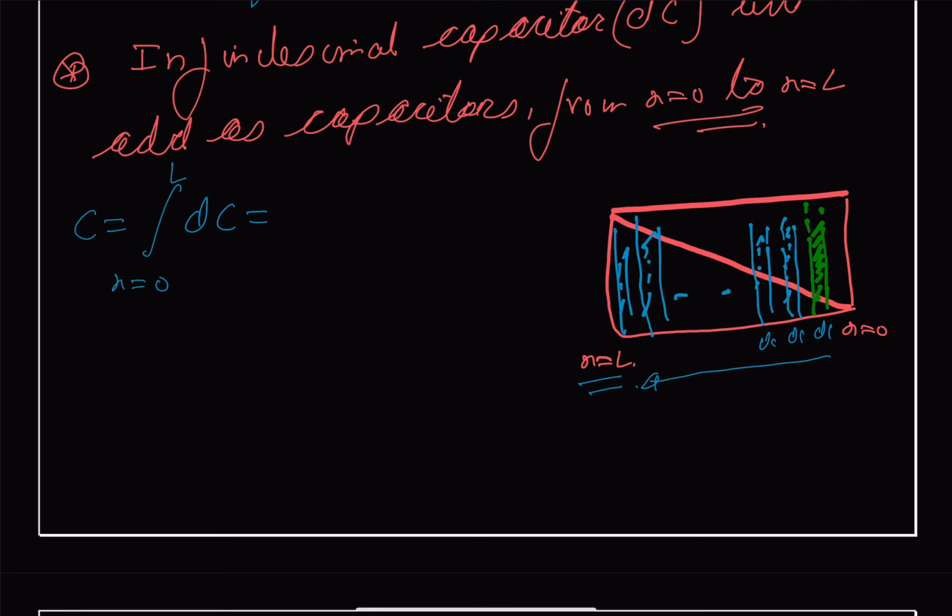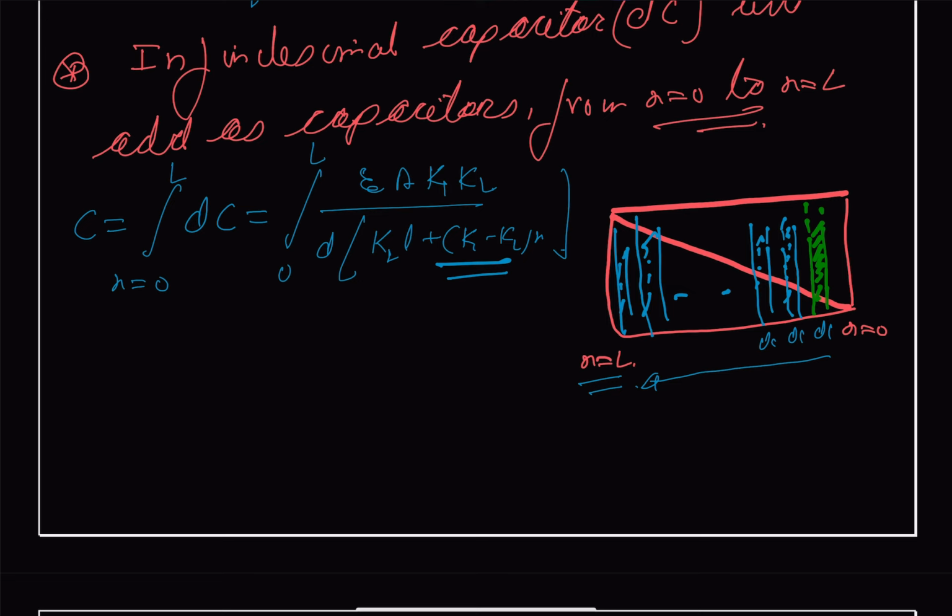Now we can just substitute it. So we get integral from 0 to L, and DC we found as epsilon A K1 K2 upon D times K2 L plus K1 minus K2 times x, and the rest of the things are constant except this portion. And this will come as a natural log.